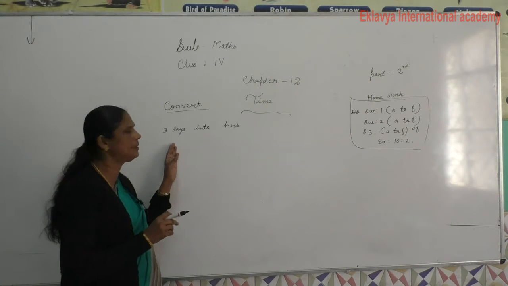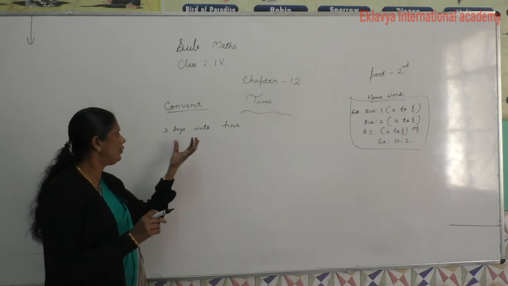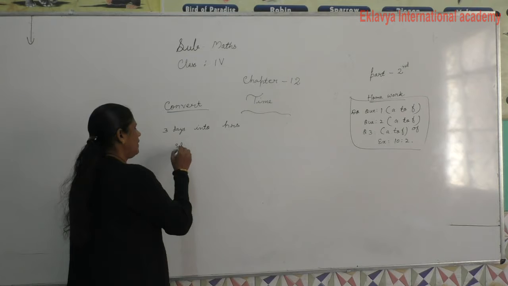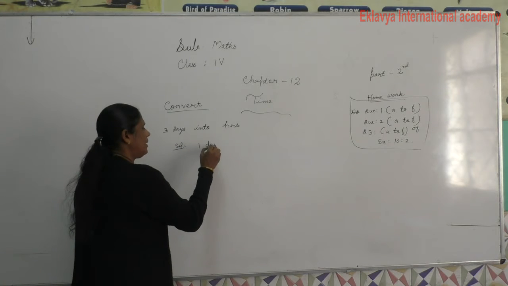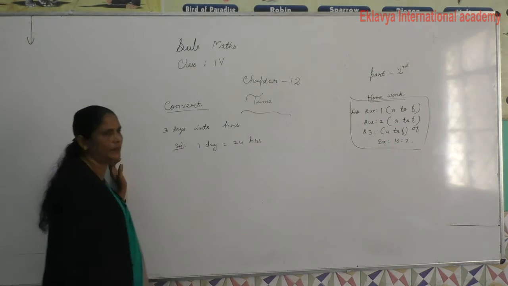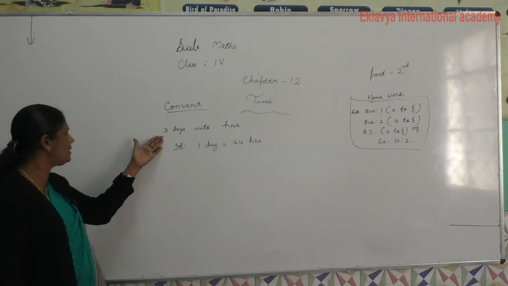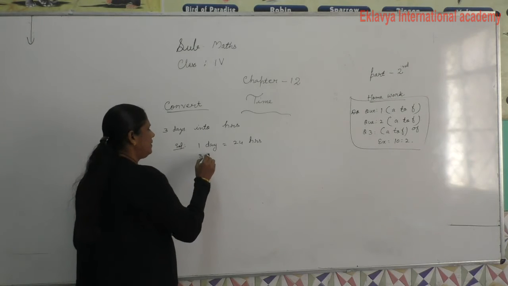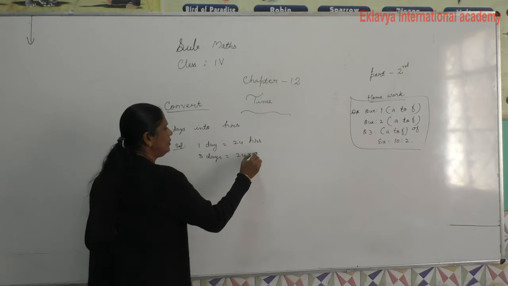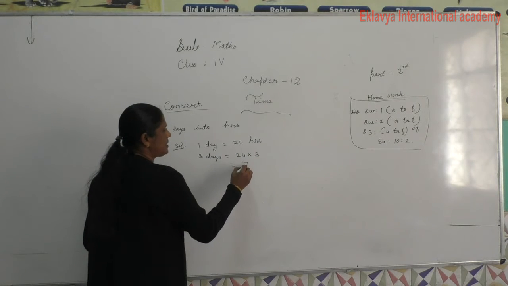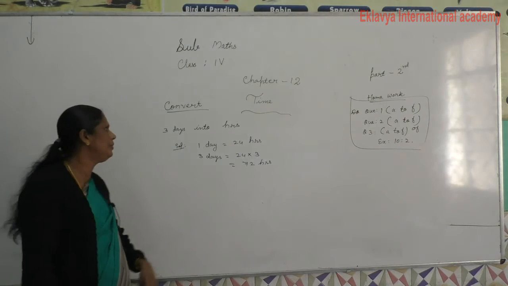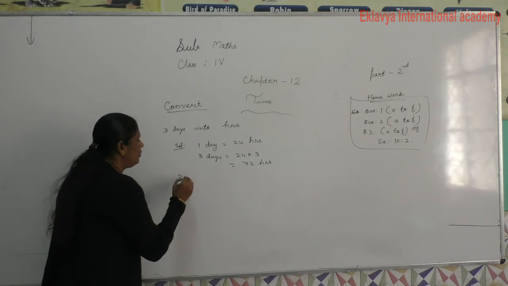First, the solution: 1 day is equal to 24 hours. How many days do we have here? 3 days. 3 days is equal to 24 into 3, that is 72 hours. Understand?